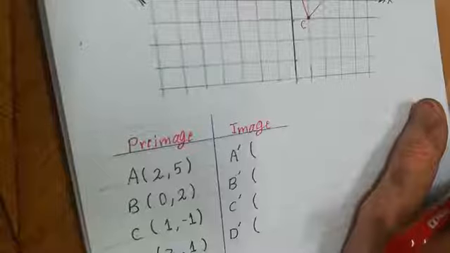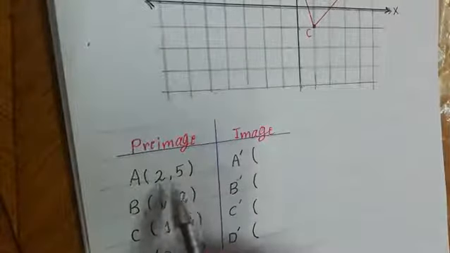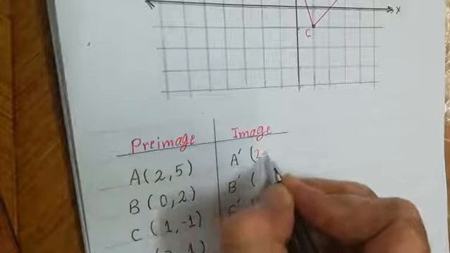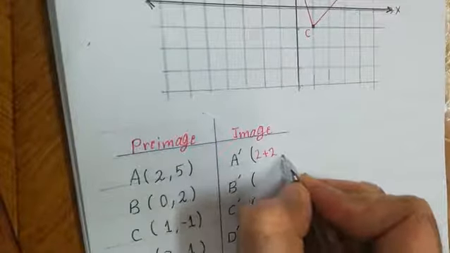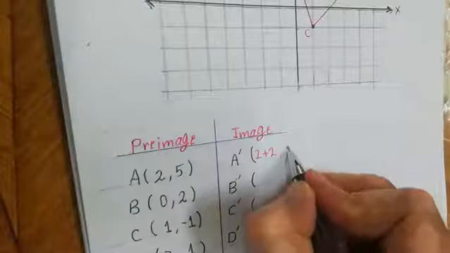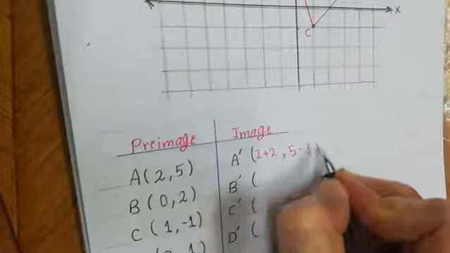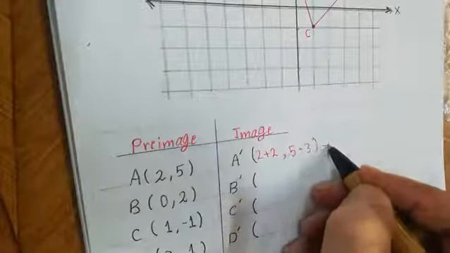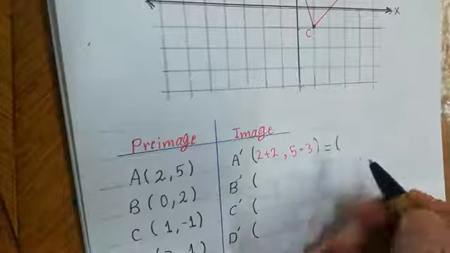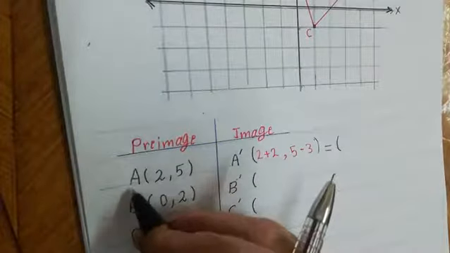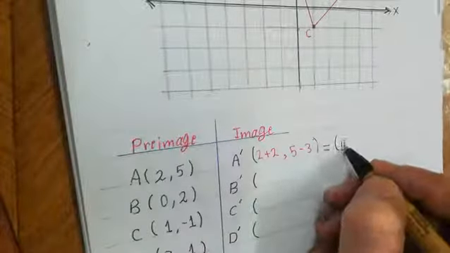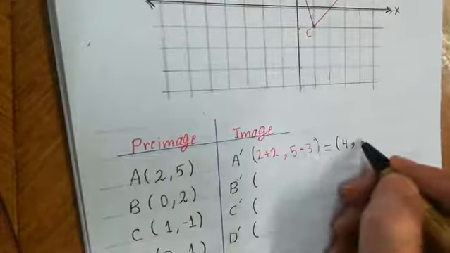So what I will do here, look, I will add 2, so it will be 2 plus 2, and for the y, which is 5, I will subtract 3. So I will get the image for the vertex A. It is 4, and 5 minus 3 is 2.